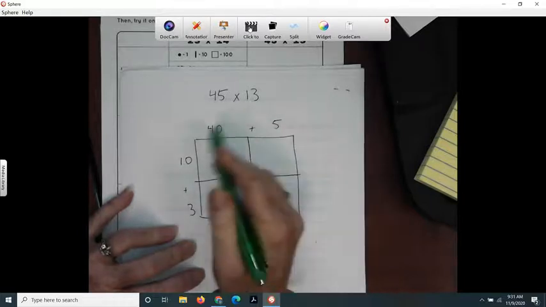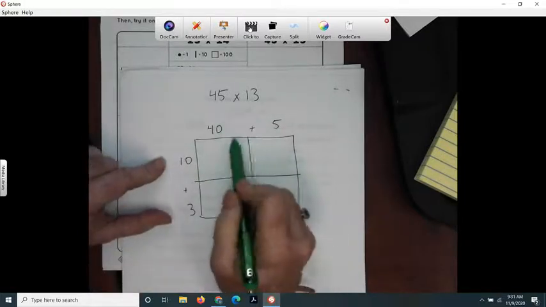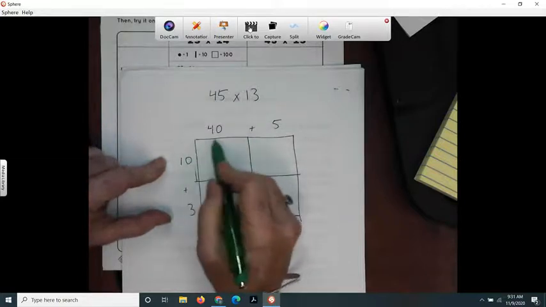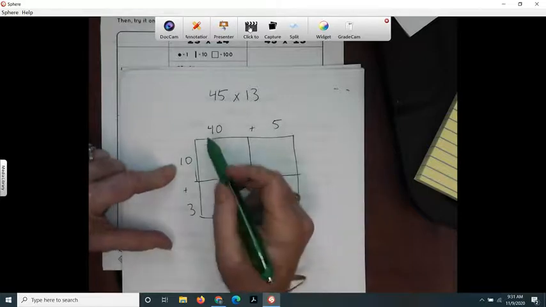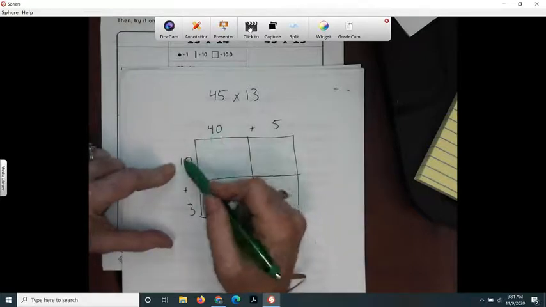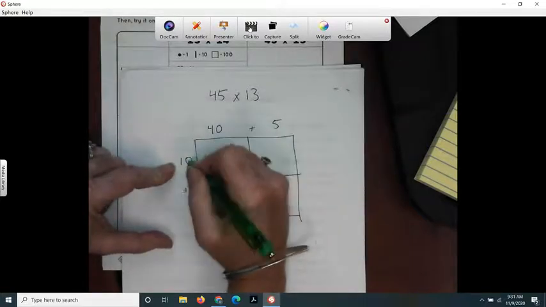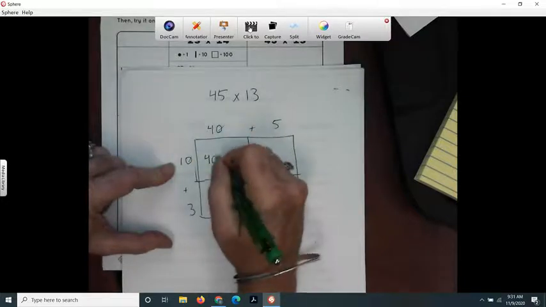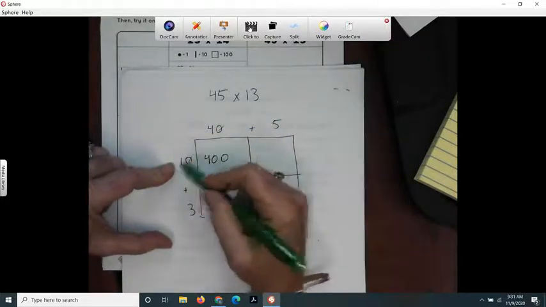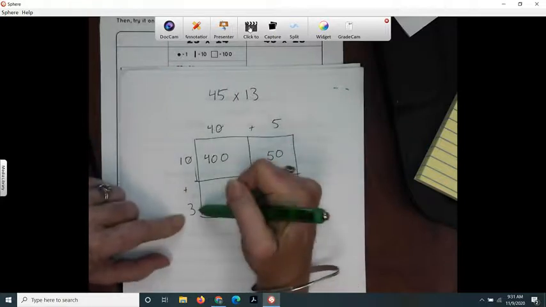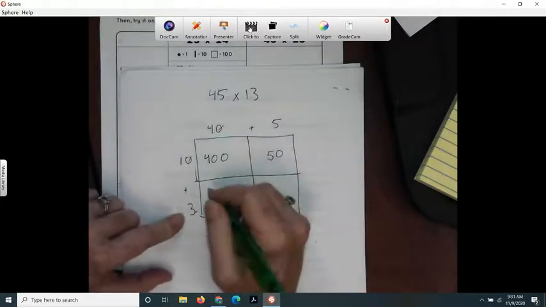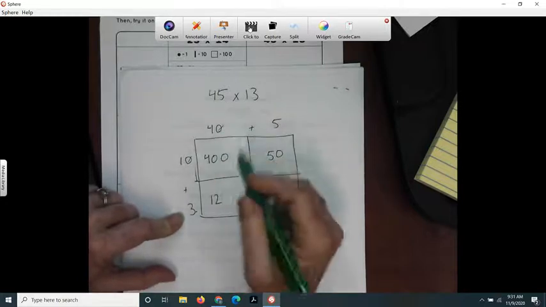And then now you can just look right here. You look at length times width. So 10 times 40, well, you can use the zero trick and say 4 times 1 is 4 and add the 2 zeros. That's 400. 10 times 5, we know that is 50. 40 times 3, well, that's the same as 4 times 3 with the extra 0.